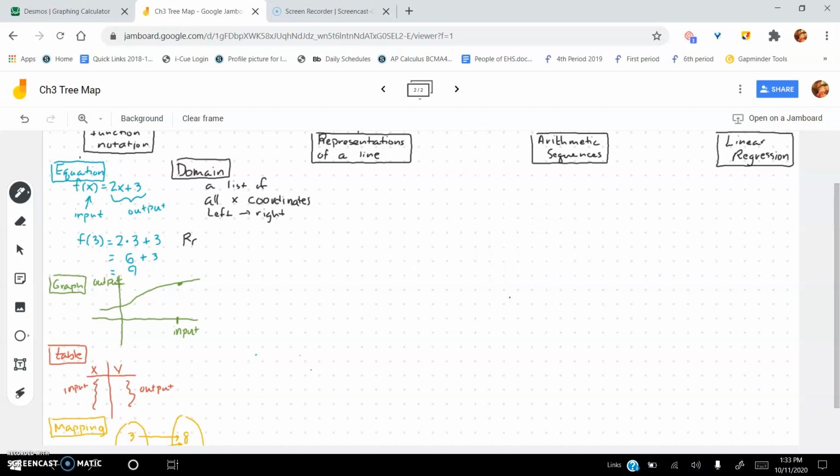And then a range for a function is going to be a list of all the y-coordinates or outputs. And in order to put your range values in order, you go from bottom to top.